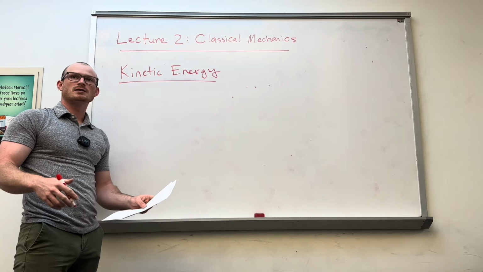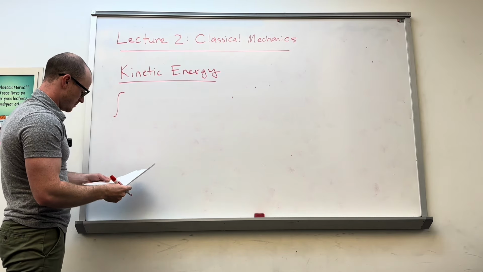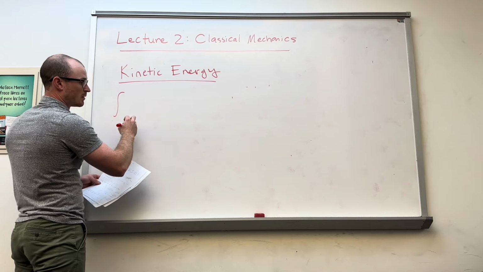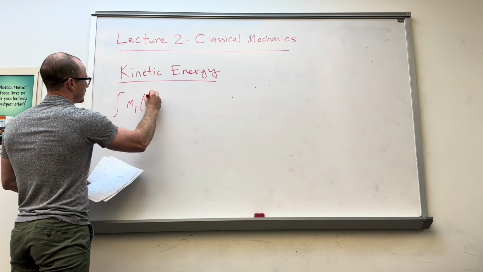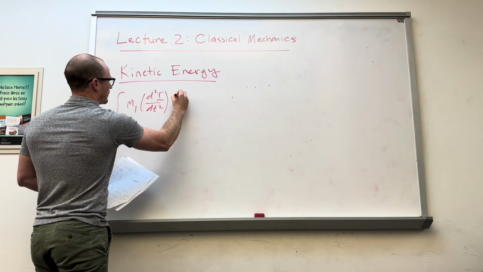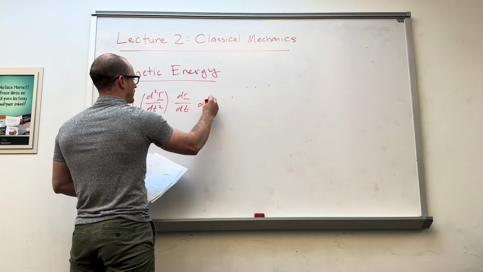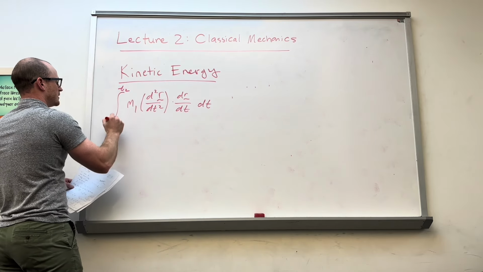I'm just going to rewrite this equation: integral of d squared r dt squared dot dr/dt dt, evaluated from t2 to t1.